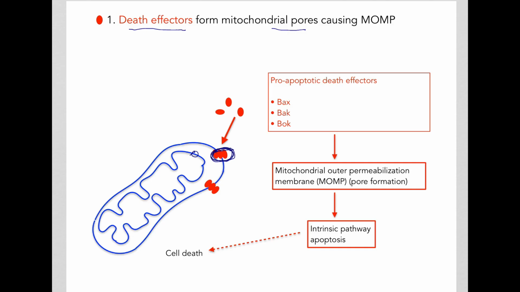And this pore formation leads to mitochondrial outer membrane permeabilization, or MOMP, which stands for mitochondrial outer membrane permeabilization. So basically the outer membrane becomes permeable, and we'll see what that leads to. But eventually this will cause intrinsic apoptosis, leading to cell death.